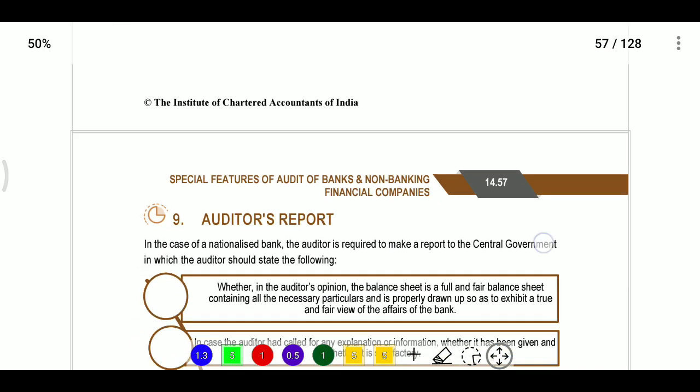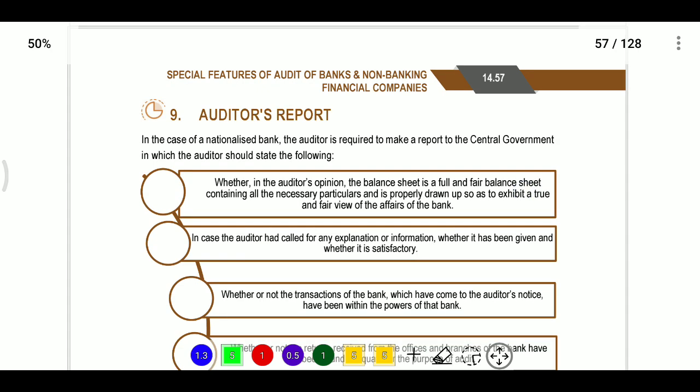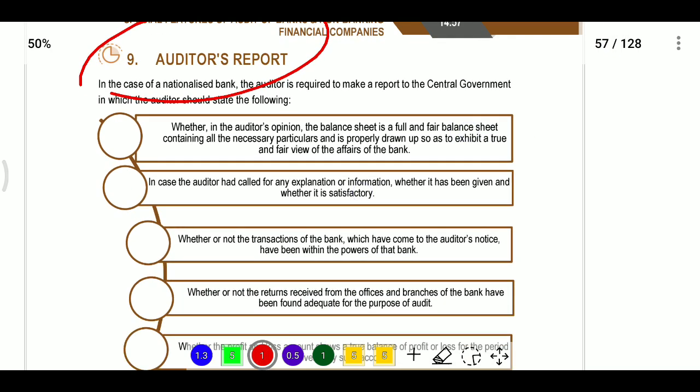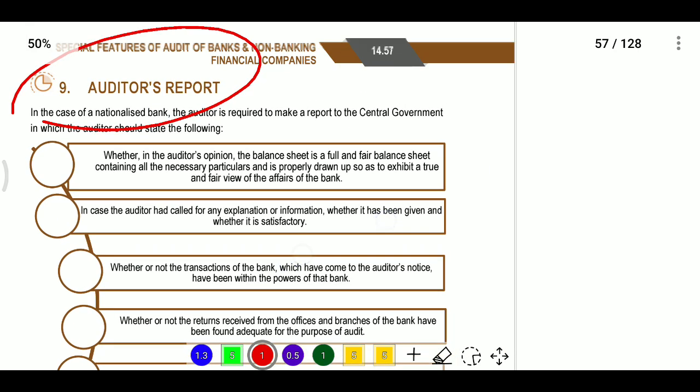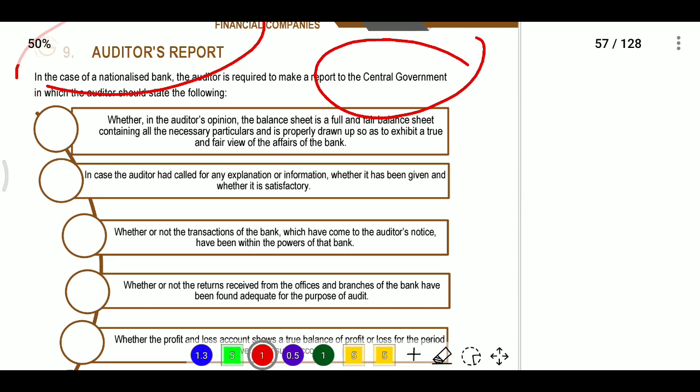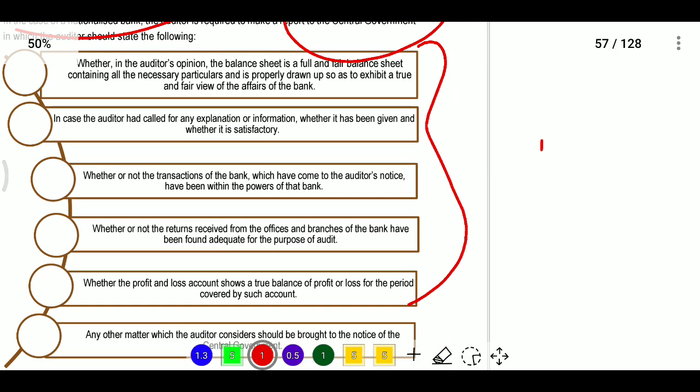We should talk about the auditor's report. In the case of a nationalized bank, the auditor is required to make a report to the central government, in which the auditor needs to state the following items.